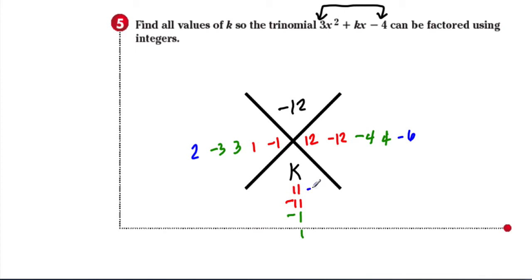Let me write this down on the side. And then I can also do negative 2 and 6. Sum would be 4. So with that, the possible values of k are 11, negative 11, negative 1 and 1, negative 4 and 4.